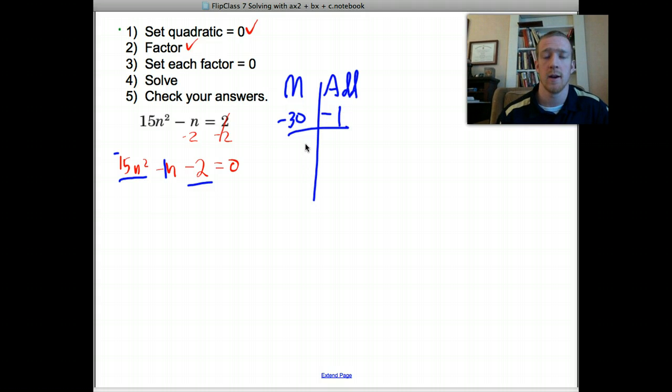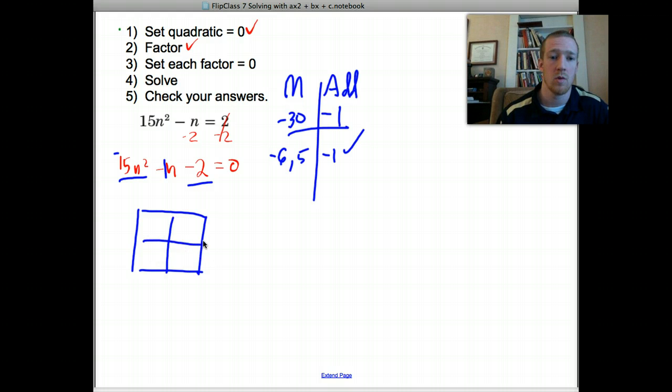So what do we got? If you try and think of numbers in your head, it's a lot easier if you can use some common sense and say, oh, 6 and 5 have a difference of 1. The bigger one needs to be negative. So negative 6 and 5, these multiply to negative 30, and they add to negative 1. So those are our numbers. Now we just go to our grid, or just factor by grouping if you're doing it the other way.